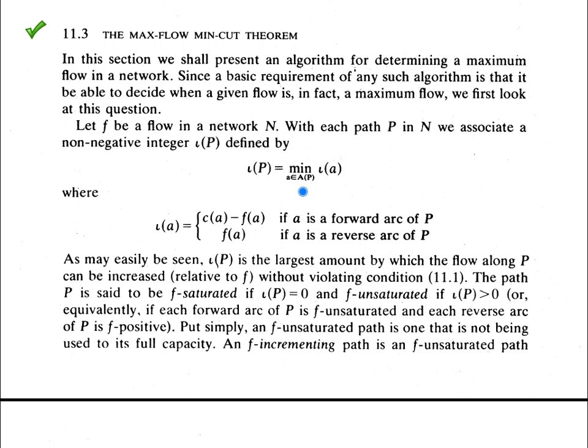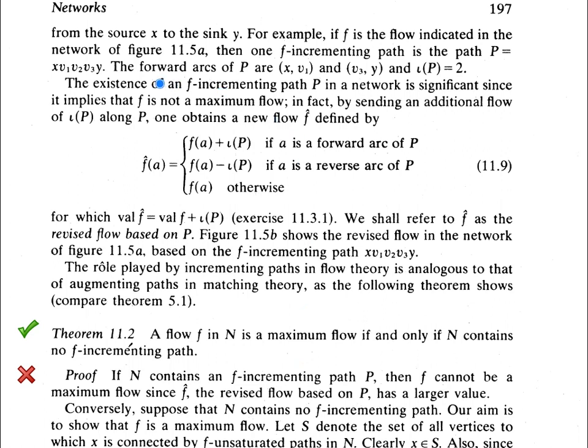So iota of P greater than 0 means all reverse arcs positive and all forward arcs unsaturated. An F incrementing path is an F unsaturated path from the source X to the sink Y. So we are looking for such paths.